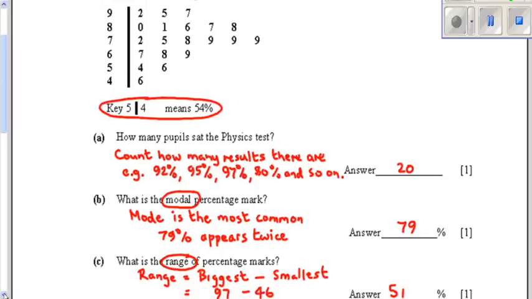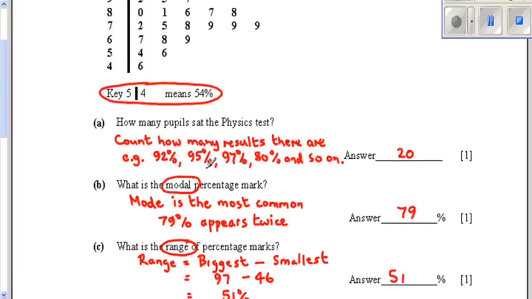Part B then is what is the modal percentage mark. Again, put a circle or highlight that keyword there, the modal. And of course you need to remember that modal or mode is the most common result in the stem and leaf diagram.